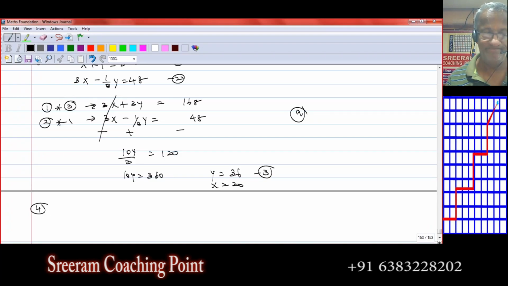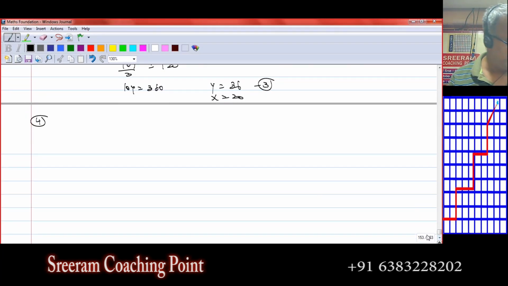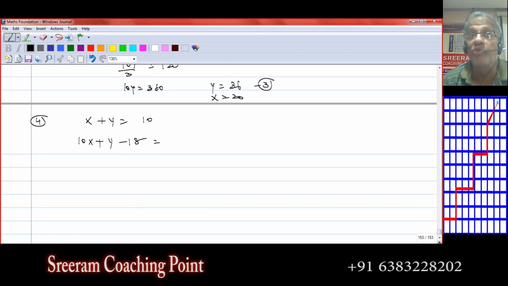How do we solve? x plus y equal to 10. If 18 is deducted from the number, that is 10x plus y minus 18 equal to, what would you be doing? No, how do you know it is 55 beforehand?